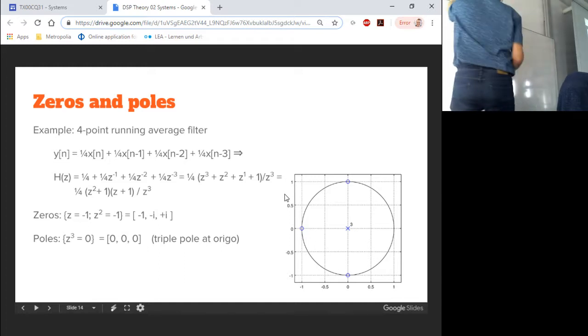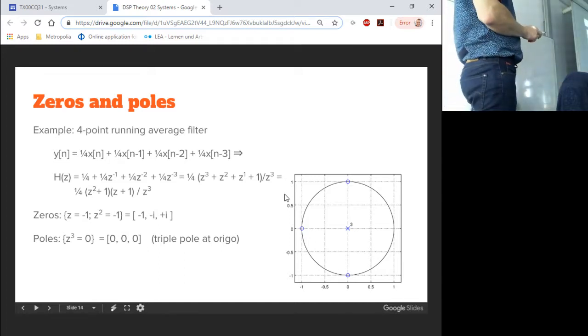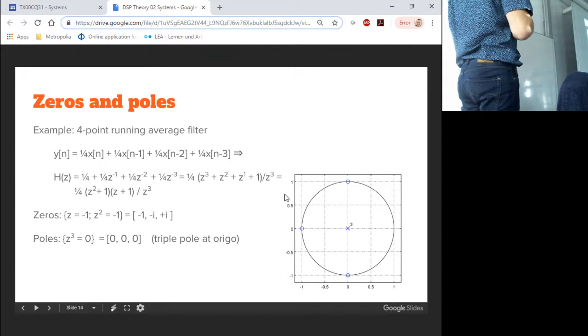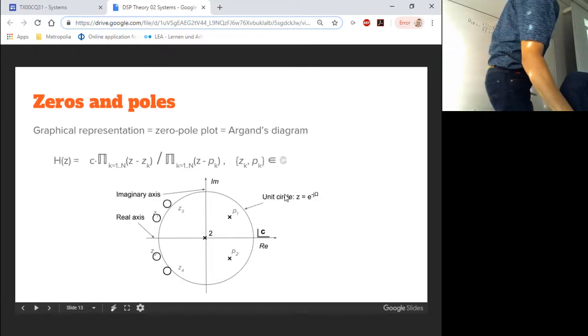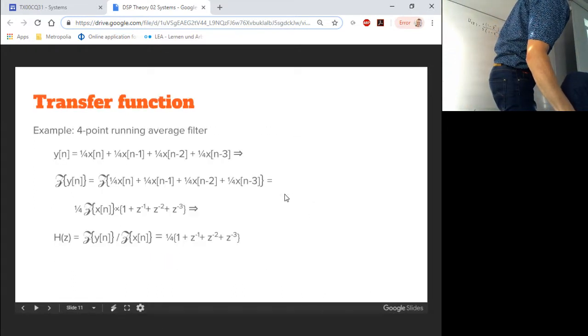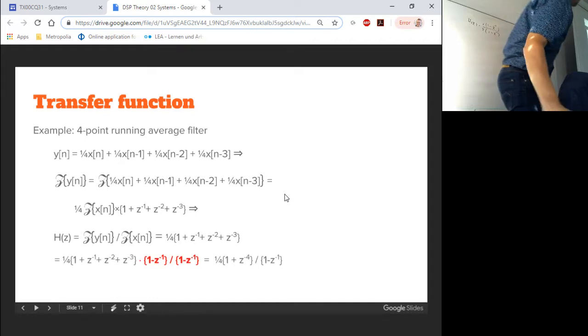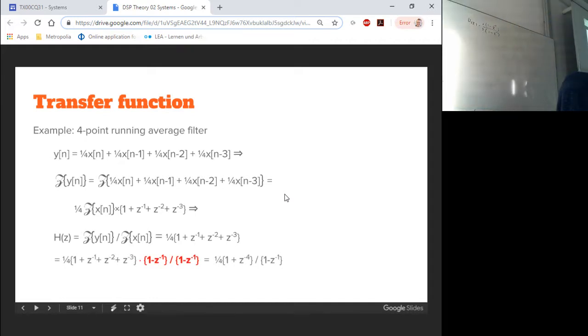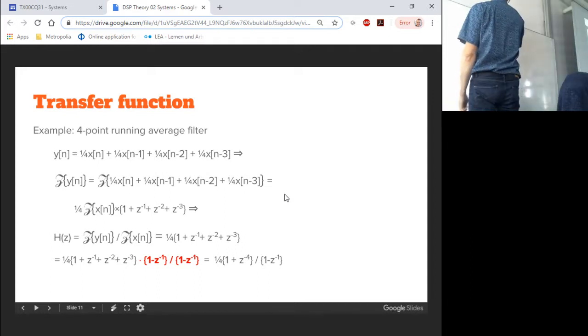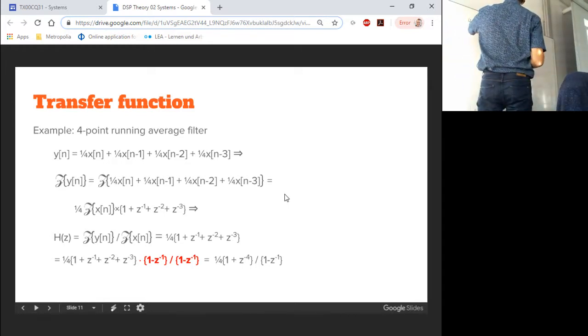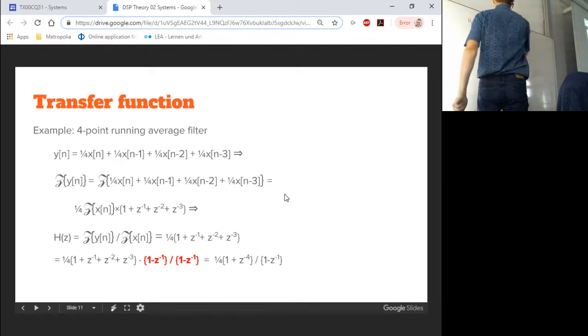I think that was the system, right? Let's go backward a little bit. Okay, yeah. Transfer function 1 over 4. Yeah, there's a sign error. So upstairs we have 1 minus z^-4, and downstairs 1 minus z^-1.